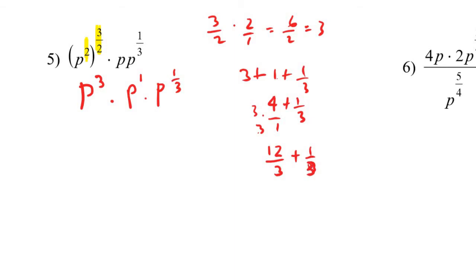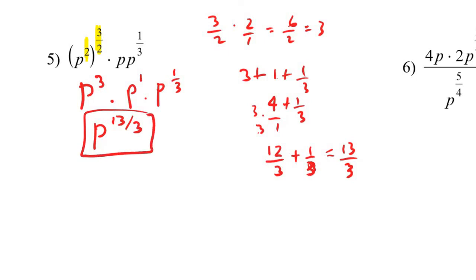And 12 thirds plus 1/3 is 13 thirds. So our P actually is 13 thirds. And that is the answer. So basically, we apply the product first, and then combine the power after that.